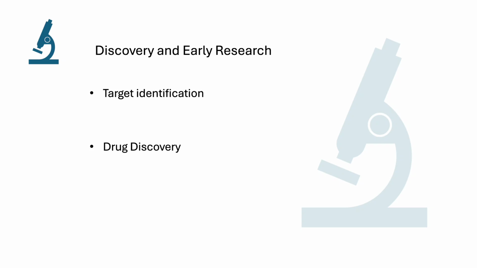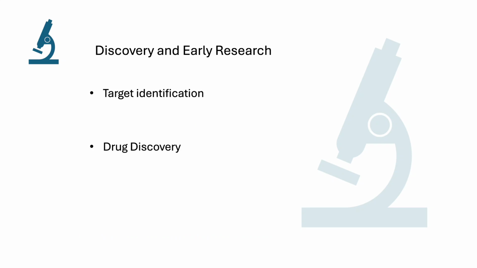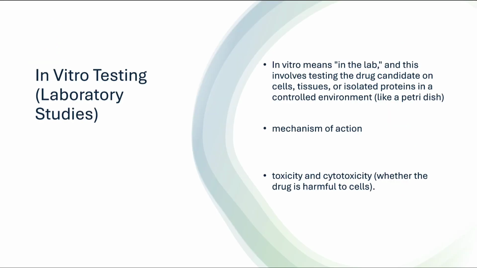Discovery and early research. Target identification. Scientists first identify a biological target, for example, a protein, that is involved in a disease. Then, drug discovery. Researchers find or design compounds that might interact with the target to produce a therapeutic effect. In vitro testing.